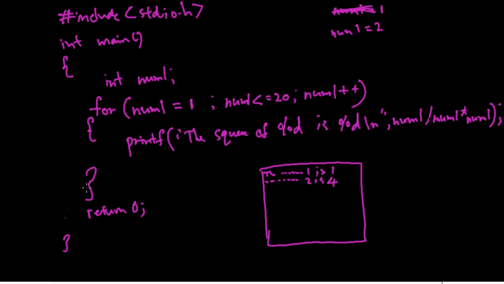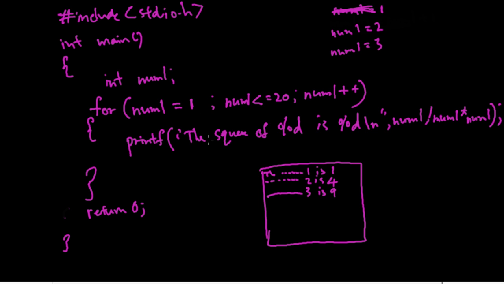Now we'll look at 2. Is 2 smaller or equals to 20? It is. So we come back up here and reinitialize one more time. So num1 is equals to 3. So the square of 3 is 9.